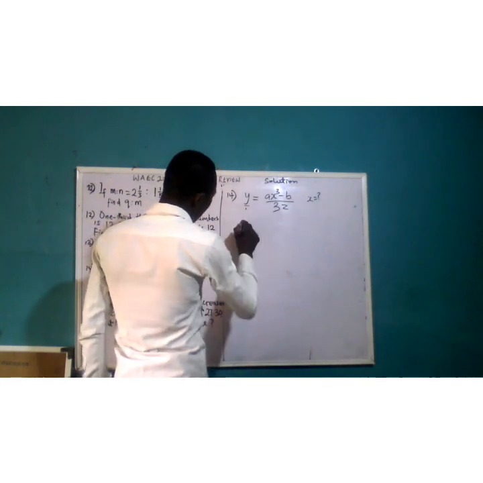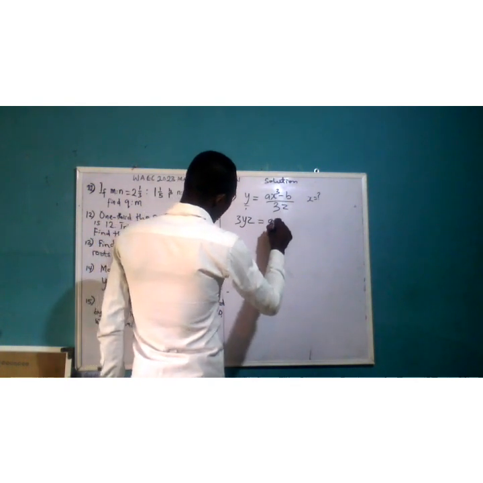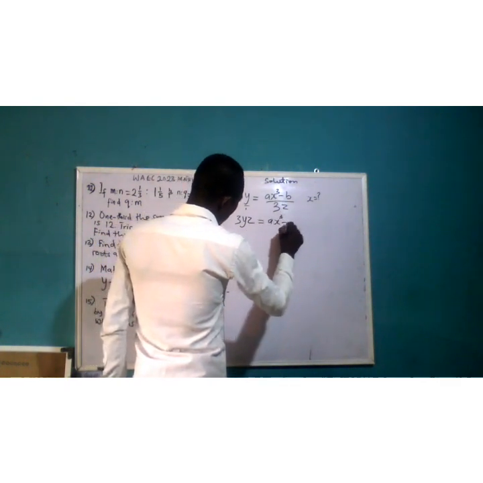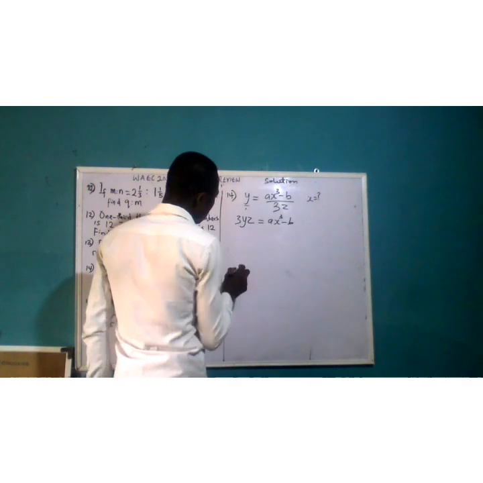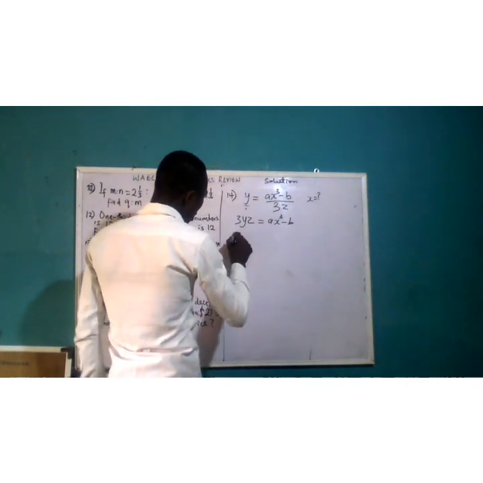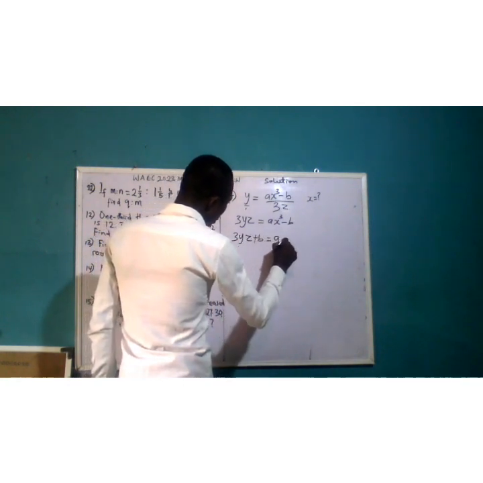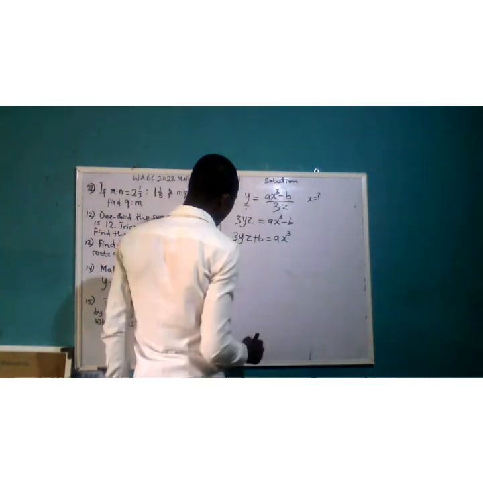If we cross multiply, we have 3yz equal to ax cubed minus b. And if you bring b over here, you have 3yz plus b equal to ax cubed.